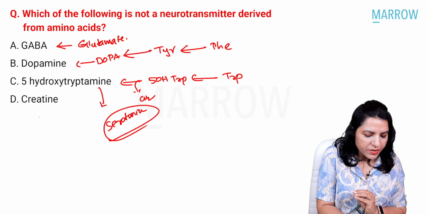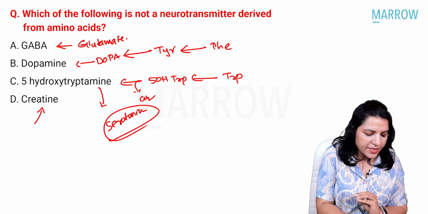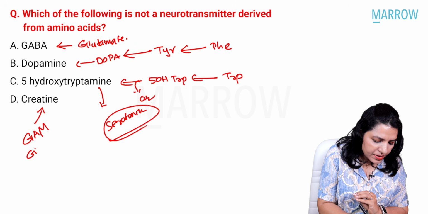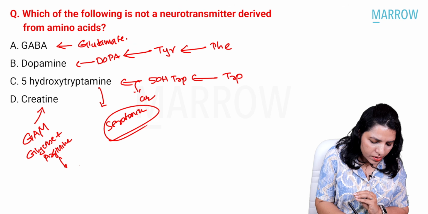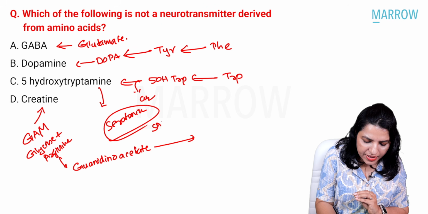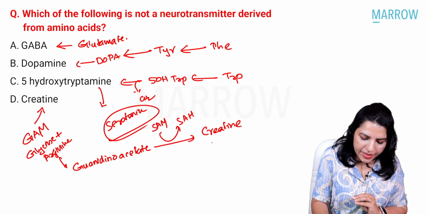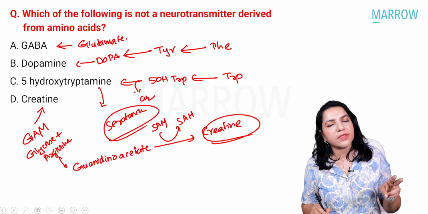Okay. Then we have the last one, creatine. Creatine is a product of 3 amino acids, that is GAM. What are the GAM? Glycine first combined with arginine to produce guanidinoacetate, and this guanidinoacetate is methylated by S-adenosyl methionine, which is getting converted to S-adenosyl homocysteine, and what is formed is creatine, which means 3 amino acids are involved.